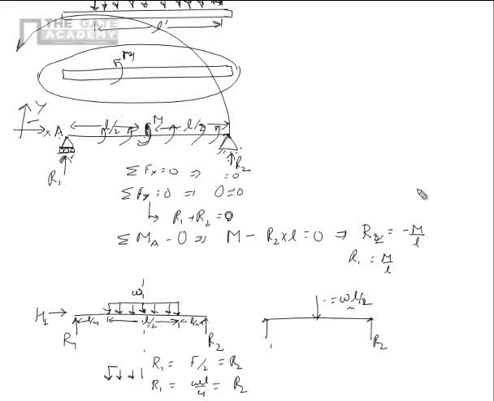If this shifts here somewhere, then obviously the reactions are wrong. These cases are when the force is symmetrically applied. Now let's see a case where it is unsymmetrically applied.